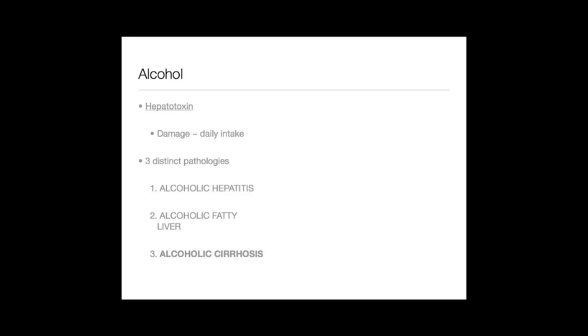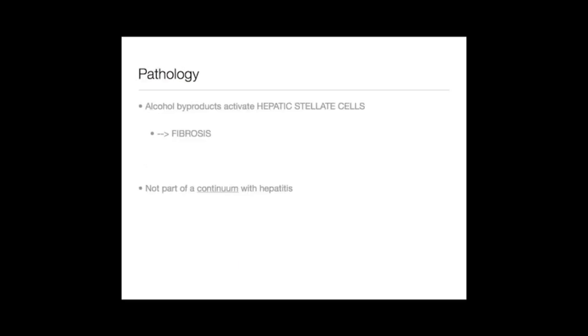But what we do know is that there are distinct entities: fatty liver can be a result of alcohol, and cirrhosis can be a complication of long-term alcohol use. The reason for this goes back to what Rashmi was talking about with the stellate cells, which are really key in producing fibrosis, as we know that alcohol byproducts actually activate these cells. And we've already mentioned that this isn't necessarily a continuum with alcoholic fatty liver or hepatitis.